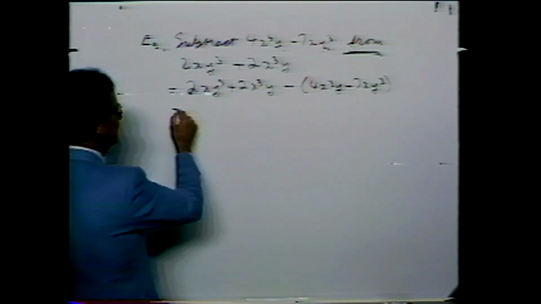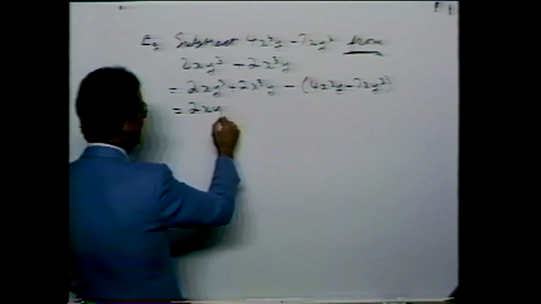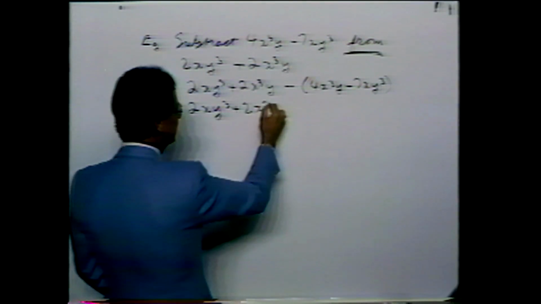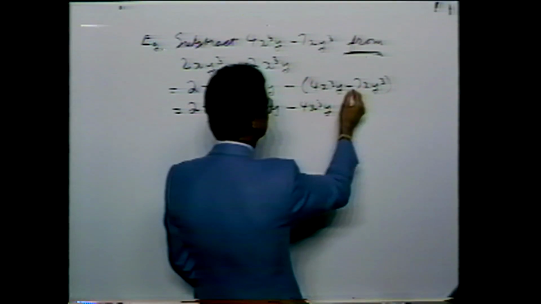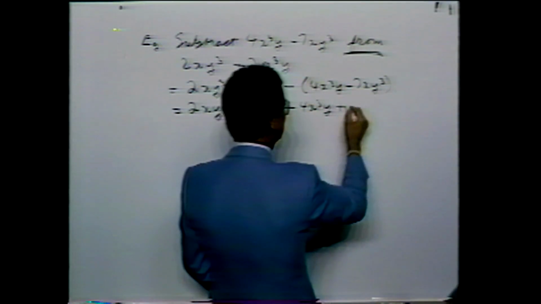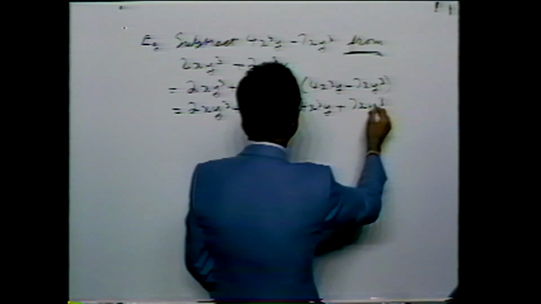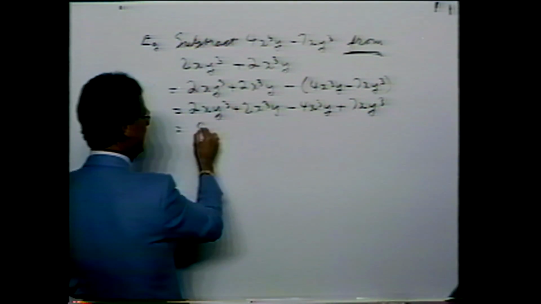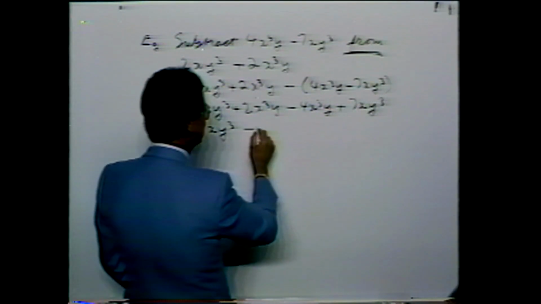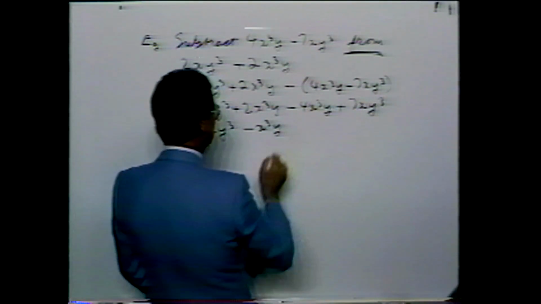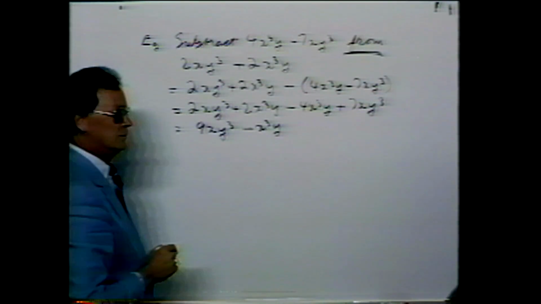Doing it the other way, 2xy cubed plus 2x cubed y. This is minus 4x cubed y. Minus times minus is plus 7xy cubed. 9xy cubed is part, and we have minus 2x cubed y, the simplified form of that part.